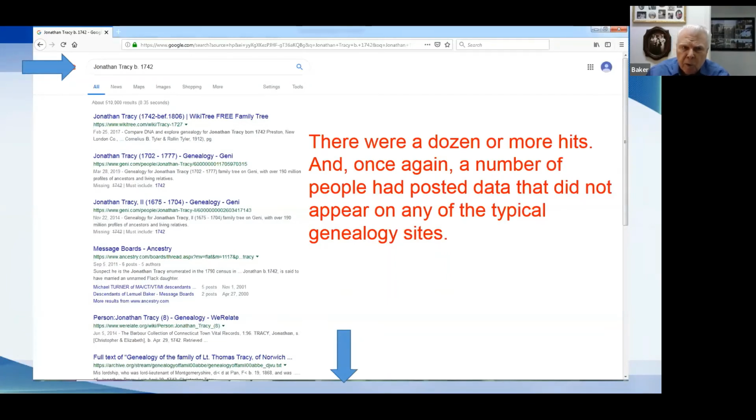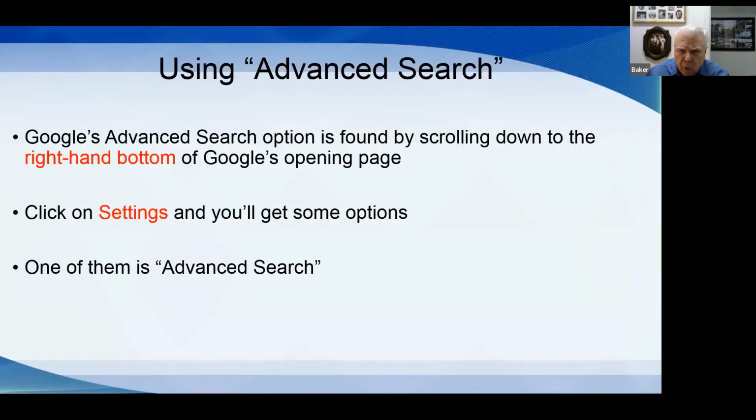I put in his name where the upper arrow is, and then I say born 1742, because there might be other people with that same name. Indeed, there are other people with that same name. And this time I get about a dozen hits. There are things that people have posted about Jonathan Tracy. And so you can focus on one individual.